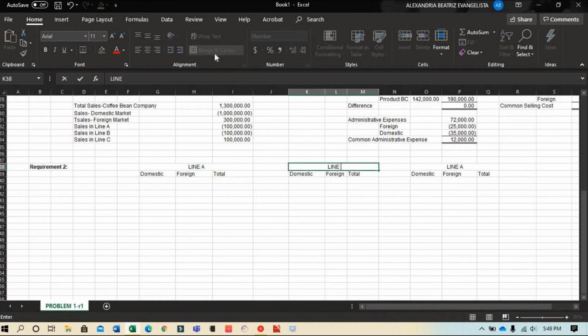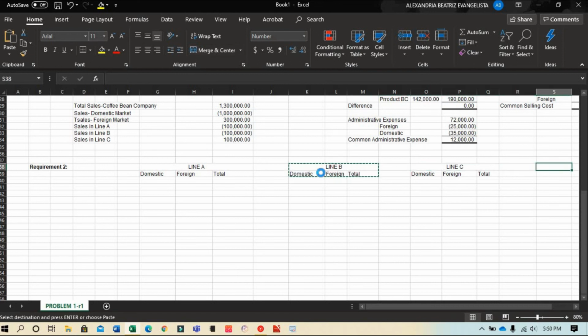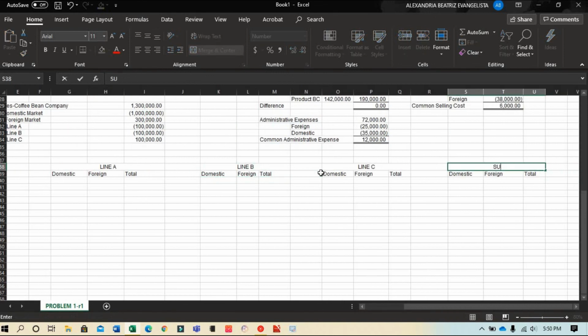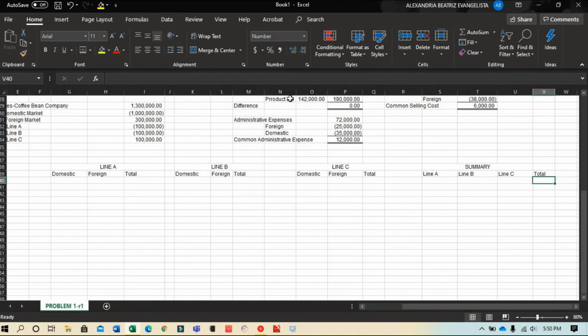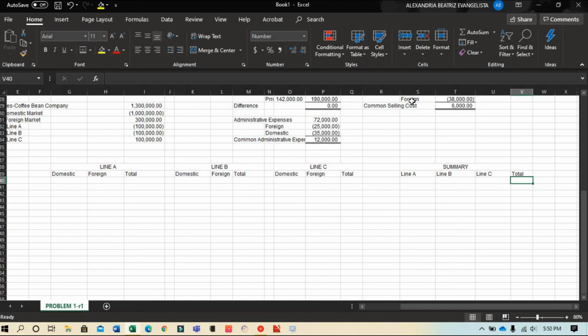I'm going to change this to line B, and this one to line C. And summary. This is line A, line B, and line C. Total. It's going to take a lot of space. Let me just readjust this one.